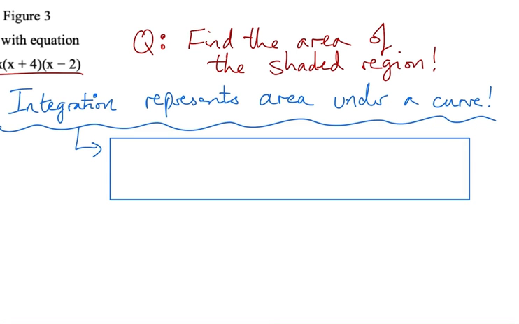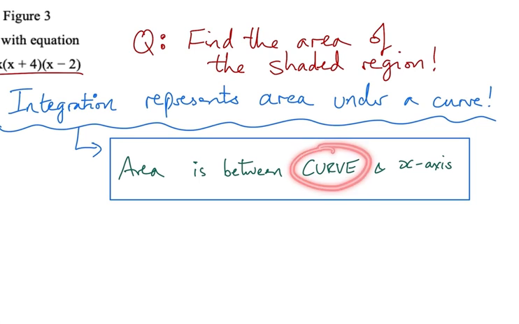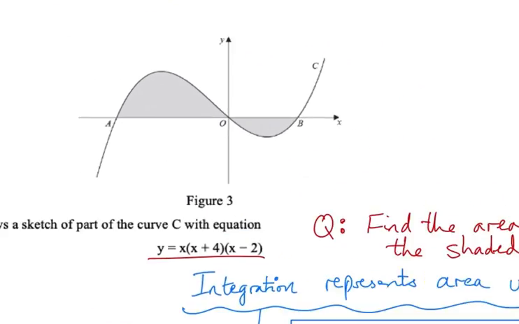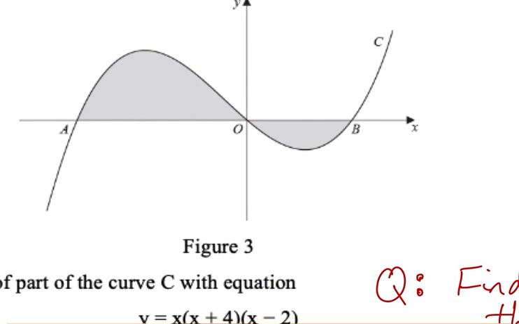Now, importantly, we must clarify that the area is between the curve and the x-axis. This is really important. So looking at the diagram, it's the area that's trapped between the x-axis and the curve.